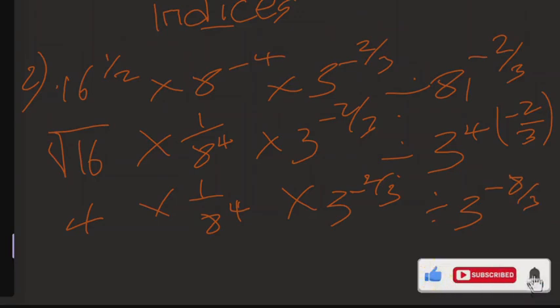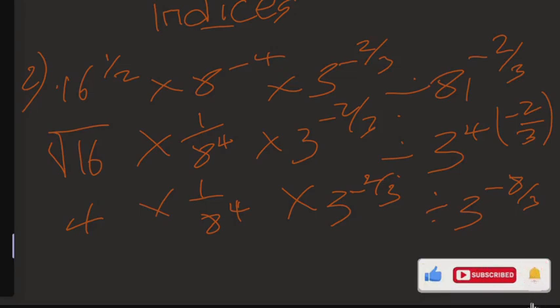Remember, there's a law that states that when we have two powers, one in the bracket and the other outside of the bracket, we multiply both powers. So we just multiply 4 times minus 2, which gives us minus 8 over 3. Now notice we have the same base, 3 and 3 at the end. So that gives us a headway to solve these problems.